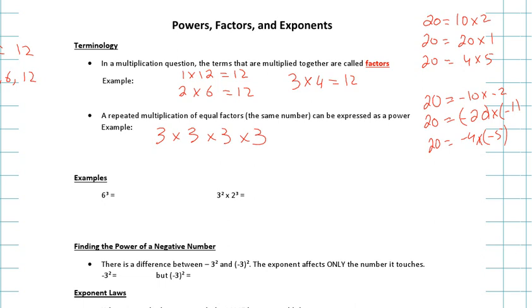When you see this, you know that it's actually 3 times 3 times 3 times 3, 4 times. So anytime you multiply anything by itself so many times, you can raise it to the power.